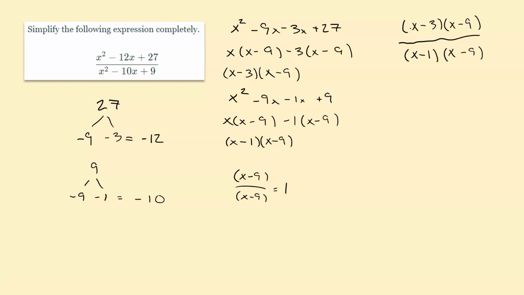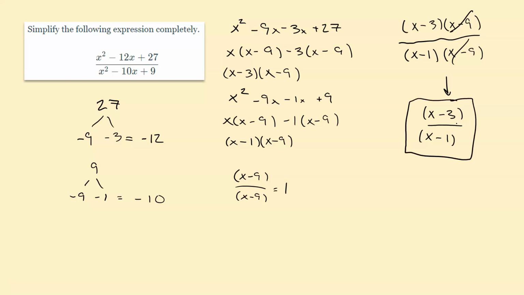So within this fraction, we can go ahead and cancel that out, because if it simplifies to 1, multiplying by 1 doesn't change our value. So we can take that out, which leaves us with just x minus 3 over x minus 1. This would be our simplified version.